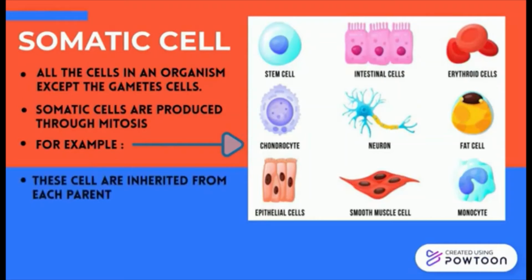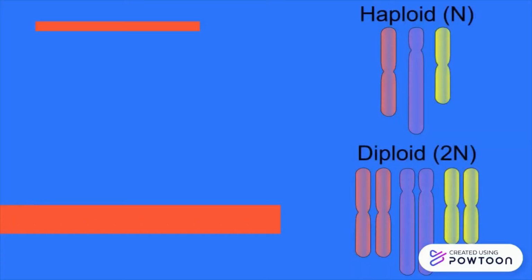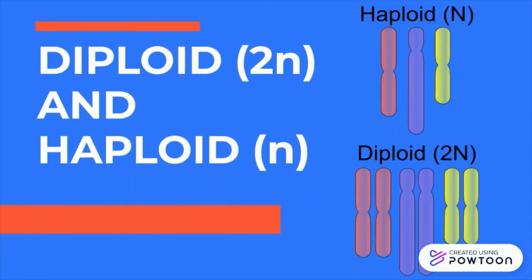These cells are inherited from each parent, which means after the formation of the zygote they divide mitotically and share the same characters with their parents. Our genetic information is carried by the chromosomes, which are located in the nucleus. It determines whether it is a haploid or diploid cell.